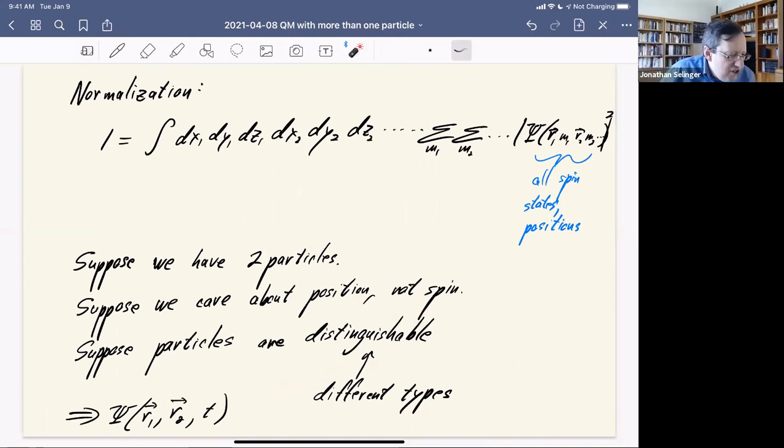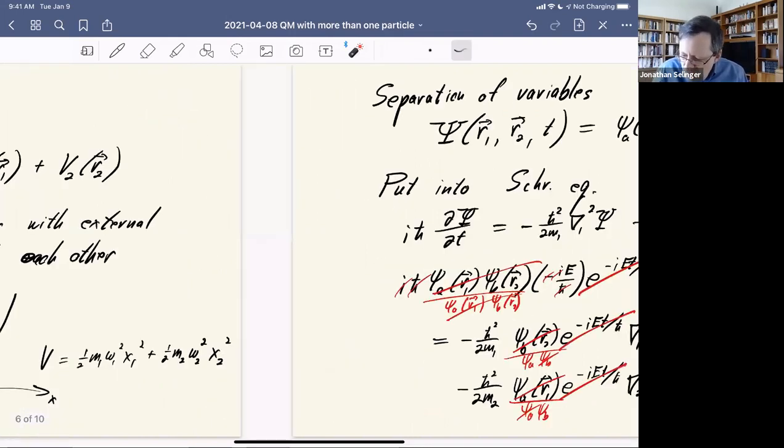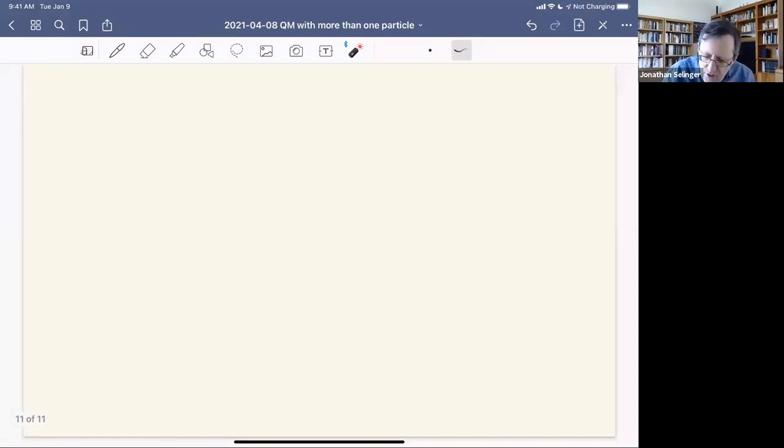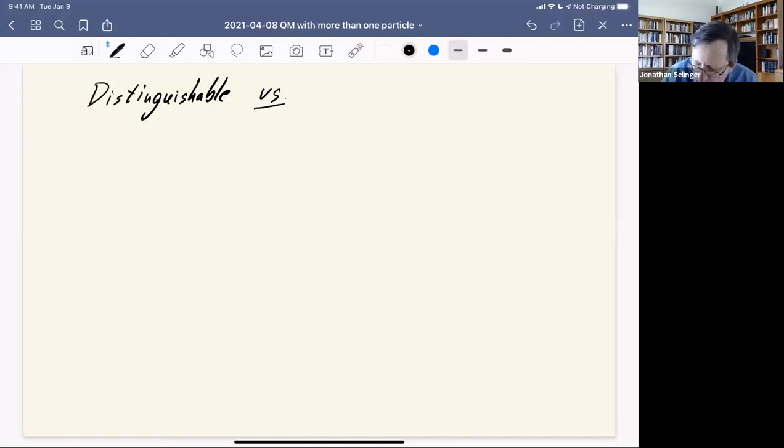And this is actually an important concept in quantum mechanics. So let me say a few things about that: distinguishable versus identical particles.